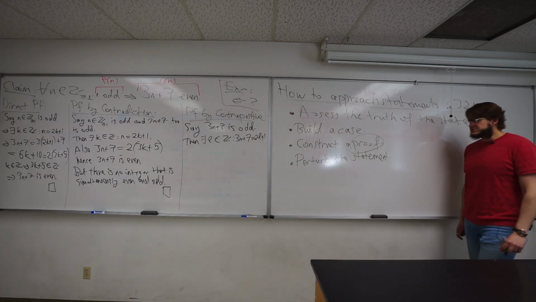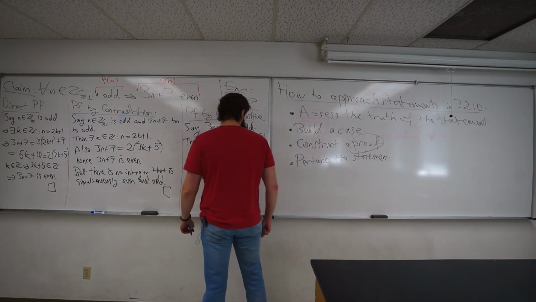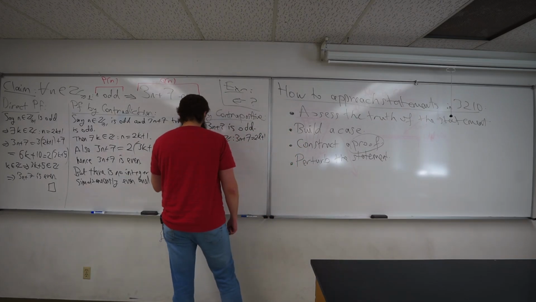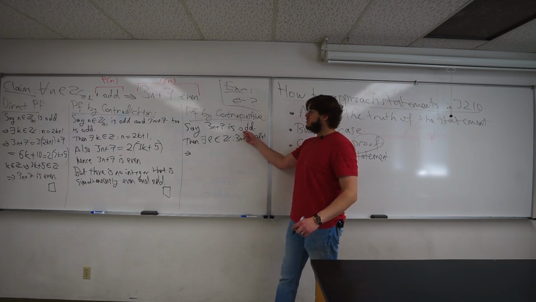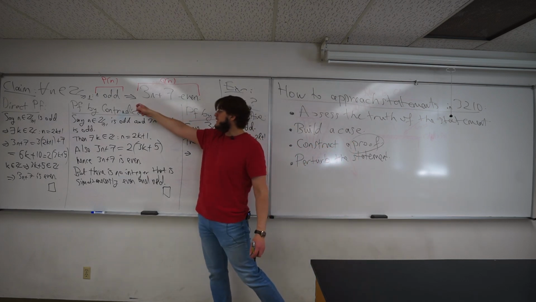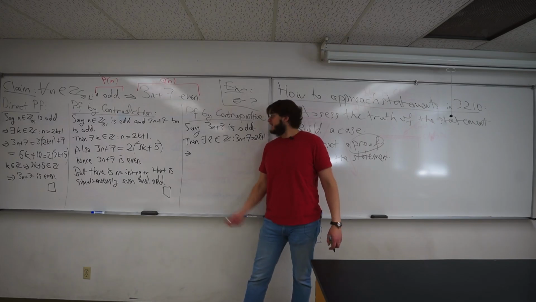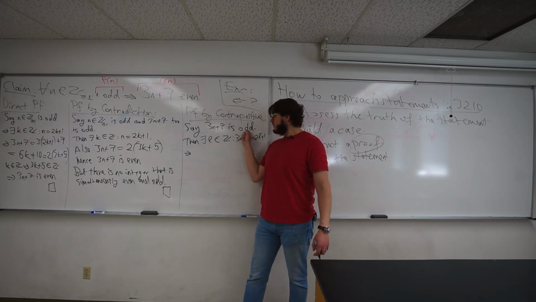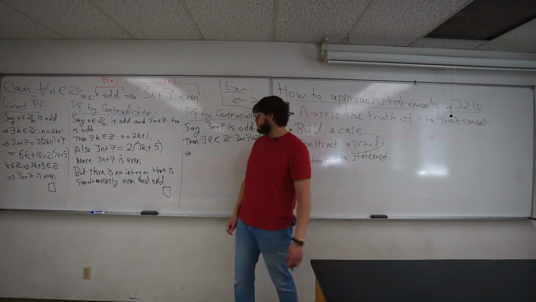Now I'm going to rearrange. Okay, so let me remind you as well. I assumed not Q. I'm going for not P. In other words, I'm trying to conclude that if 3n plus 7 is odd, then n has to be even. Okay, that's what I'm going for.